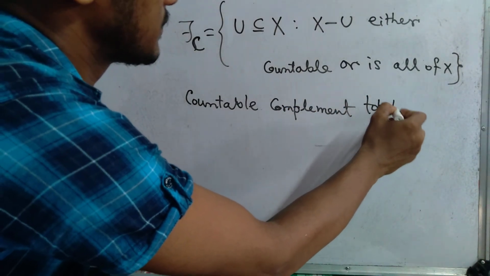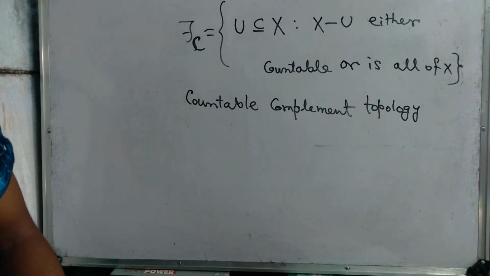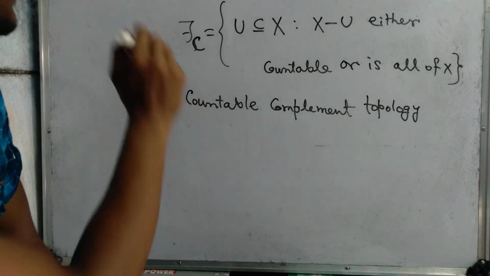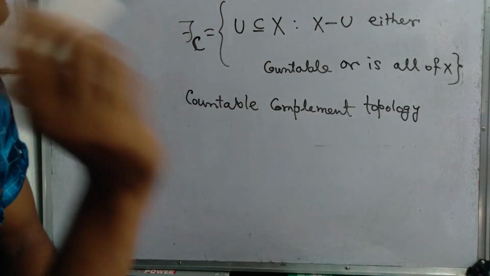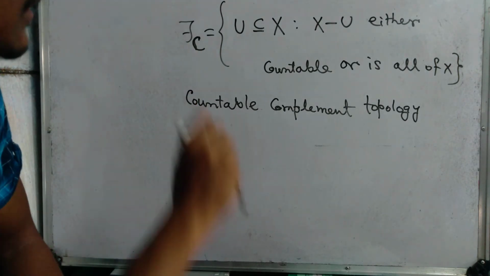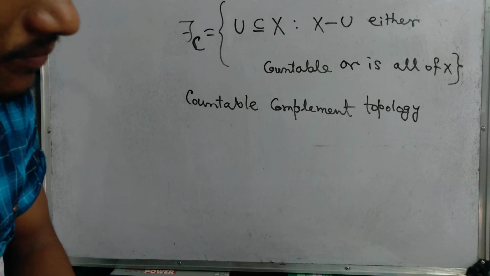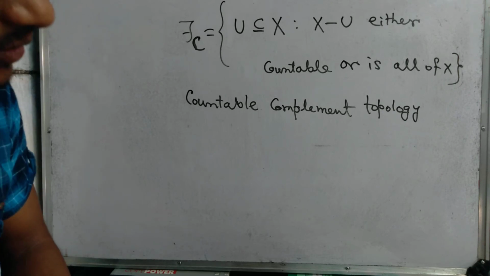We call it the countable complement topology because tau c is also a topology and satisfies the three properties in the definition of a topology.